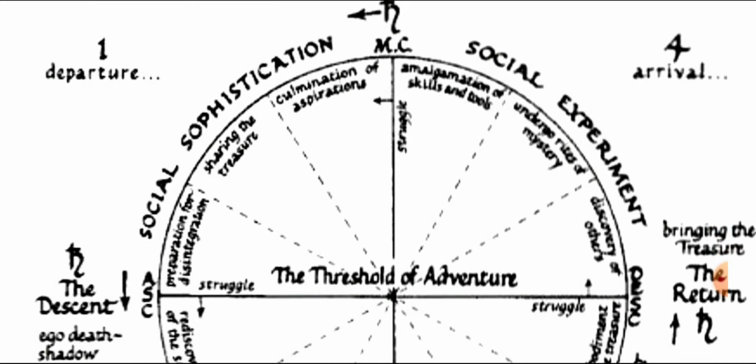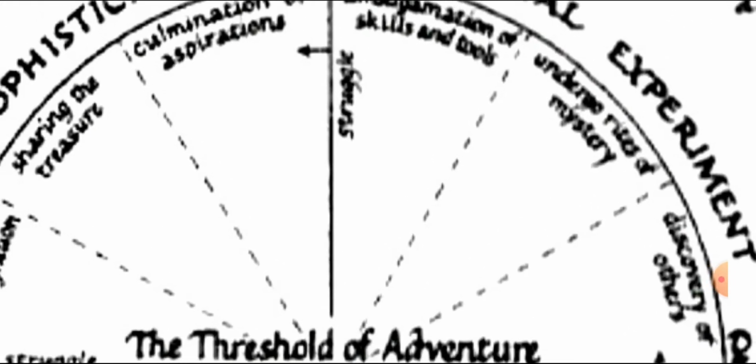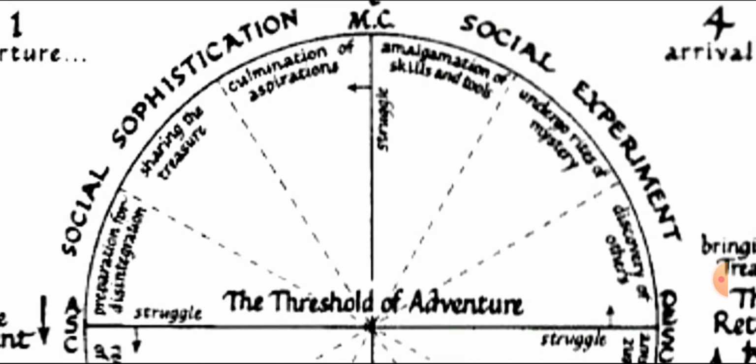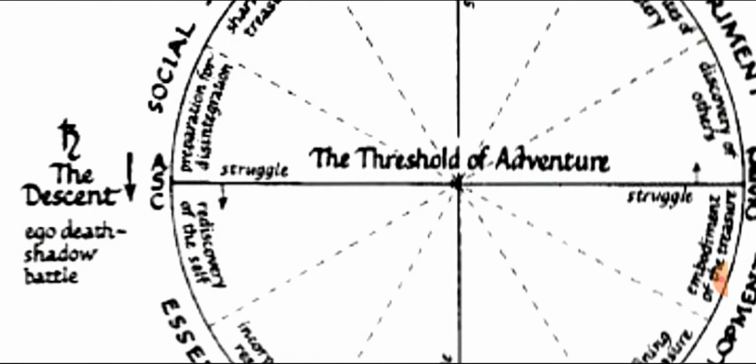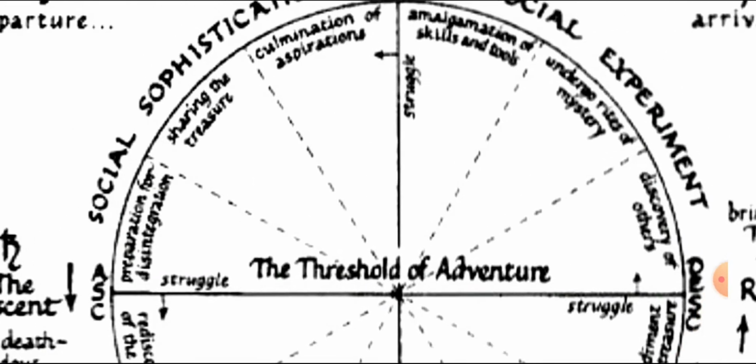So the aspirations are that you accumulate the skills and the tools. And yes, the aspiration is to be recognized, but that happens, and after the culmination, the descent starts, and it gets pretty dark when it goes below the ascendant.